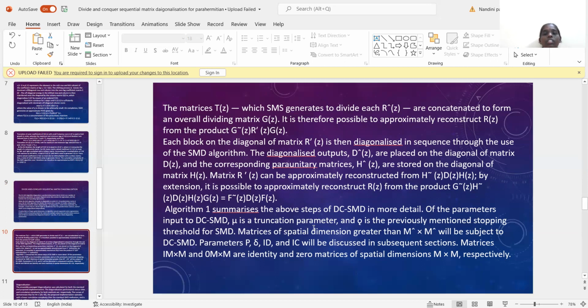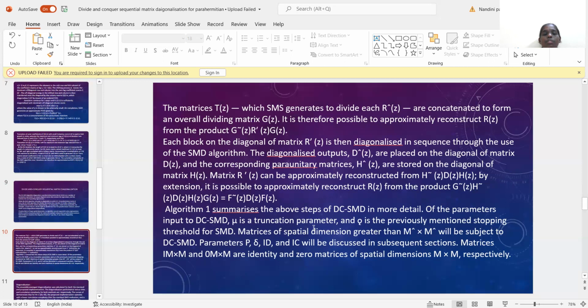diagonalized in sequence through the use of the SMD algorithm. The diagonalized outputs D(z) are placed on the diagonal of matrix D(z) and the corresponding para-unitary matrices are stored on the diagonal of an extension.